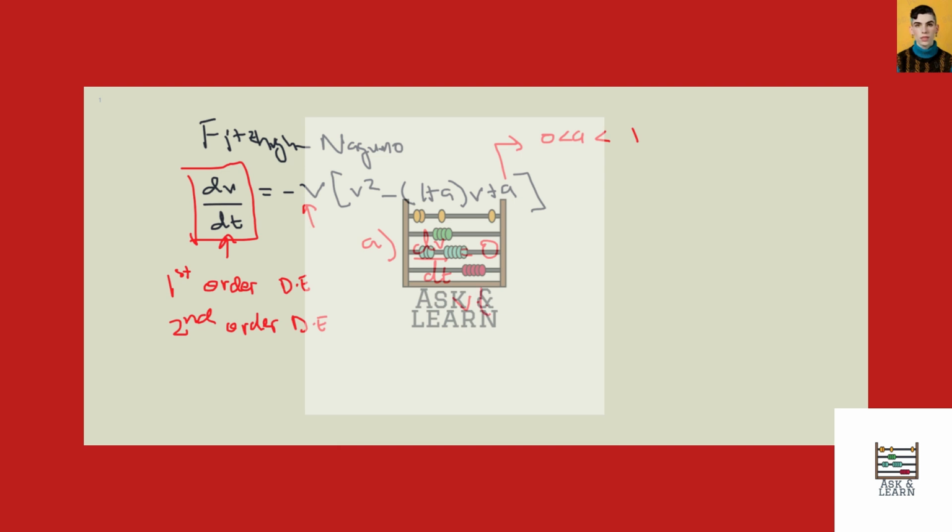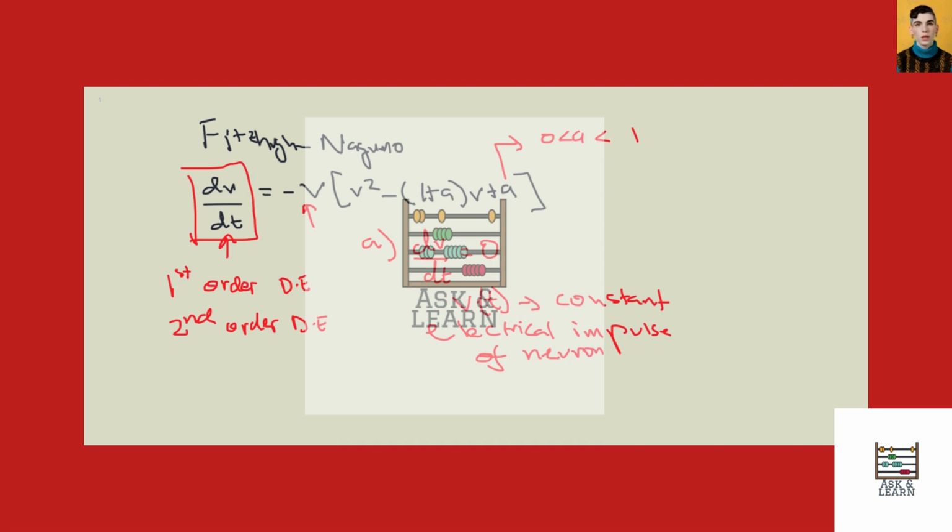So this one would assume that Vt is a constant. It's a constant variable. Remember that Vt just stands for the electrical impulse of a neuron.